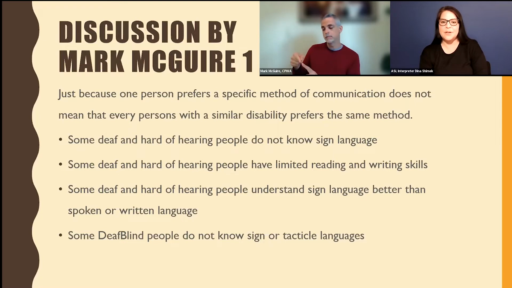And then there are some people that are deaf and blind that don't know sign or aren't familiar with tactile languages, Braille as well, either of those. So it's really important for everyone to have that awareness, to know that there is a lot of variety, a lot of different modes of communication, whether someone is deaf or hard of hearing, or deafblind.